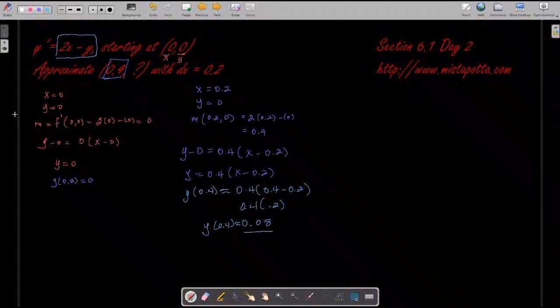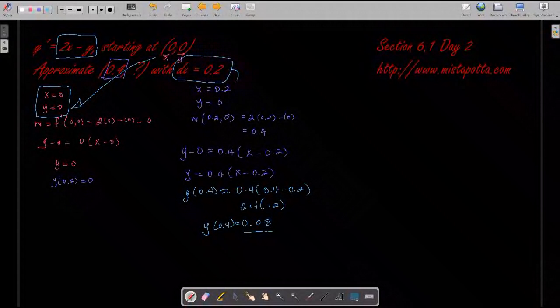One step using the original data that they gave us. And one step that uses this delta x to determine a new x, a new y, and a new slope.